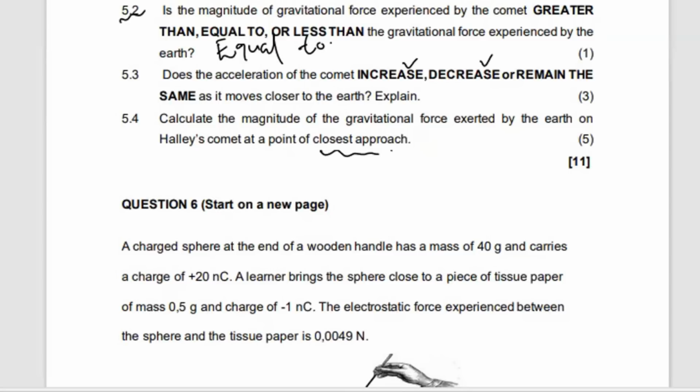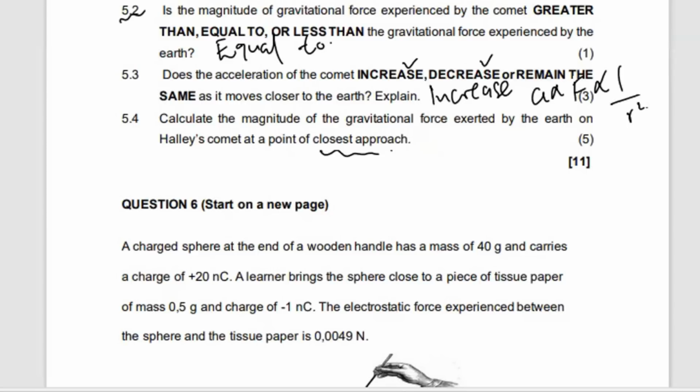If the distance decreases, it simply means that the force is going to increase. And force is directly proportional to the acceleration, so this should be an increase. The acceleration is directly proportional to F, and F is inversely proportional to r squared.